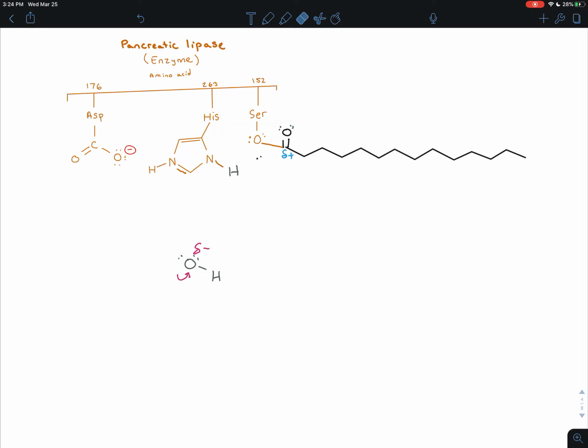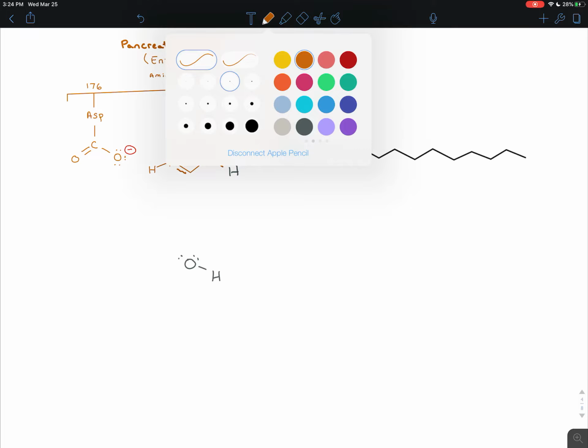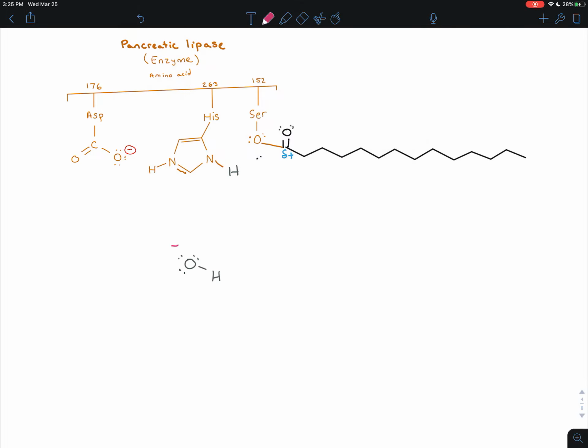And this bond becomes a third lone pair on the water oxygen, giving it a full negative charge. And now we have a strong nucleophile. So we did that proton transfer to rev up that nucleophile, make it a stronger nucleophile.